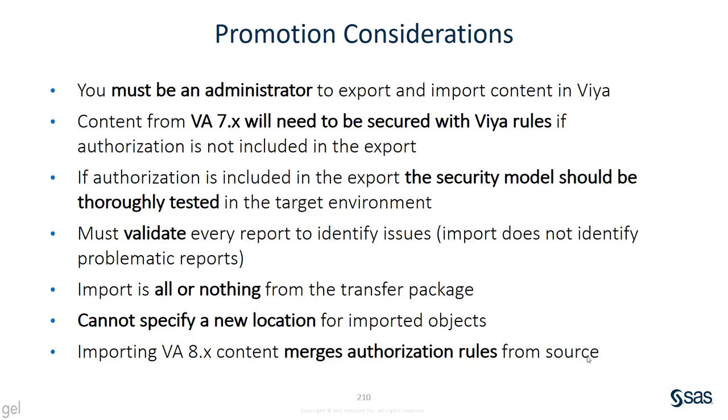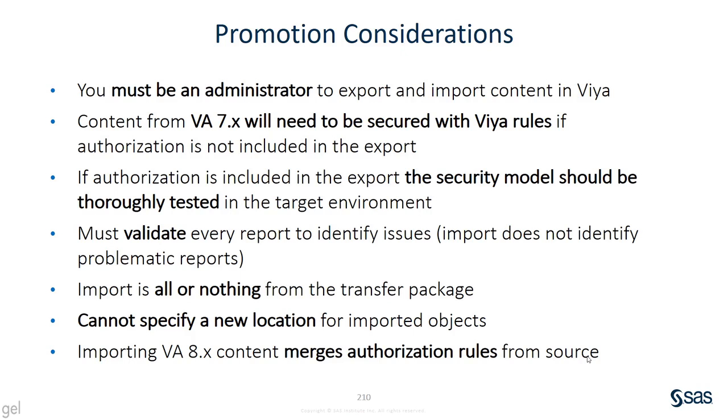The content from VA 7.1 will need to be secured with Viya rules if authorization is not included in the export. And I should have mentioned that you can do that. There is a setting in the mapping file that you can set to say don't take authorization, which may be something you want to do. Given that the two authorization systems are so different, you may want to just re-implement your authorization.